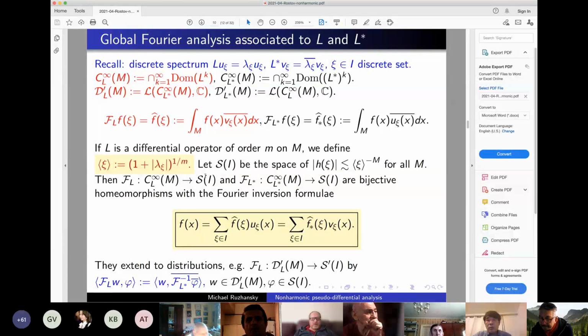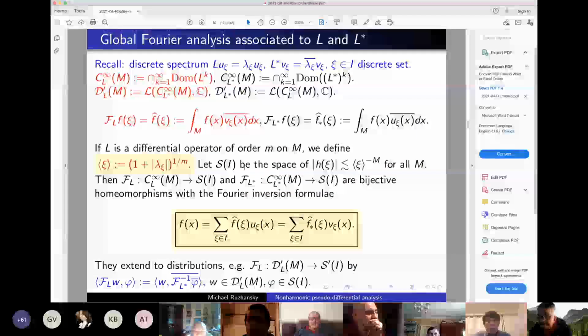So then we can talk about Schwartz spaces. This Fourier transform is defined for nice functions. Now we want to define it for distributions, and we do it in the standard way. Suppose L is a differential operator of order m on M. Then we can consider λ_ψ, the eigenvalues, and consider the order 1 over m. So basically this ⟨ψ⟩ in angular brackets is like the spectrum of the operator L, but rescaled to give us an operator of the first order.